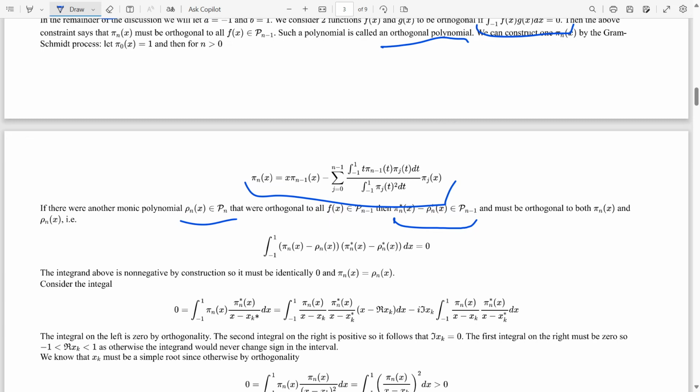And then the integral of the absolute value of pi n of x minus rho n of x squared is going to be 0 because this part is orthogonal to these two little guys.